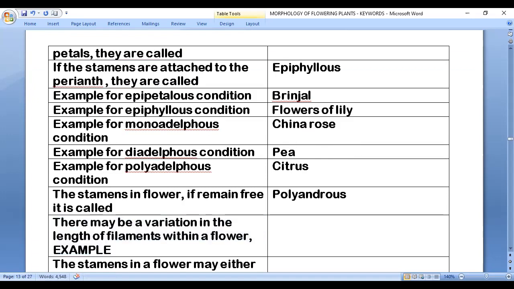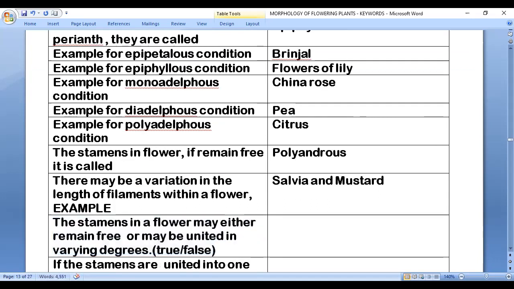There may be a variation in the length of filaments within a flower, for example salvia and mustard.